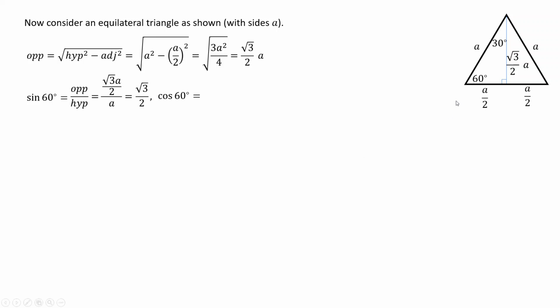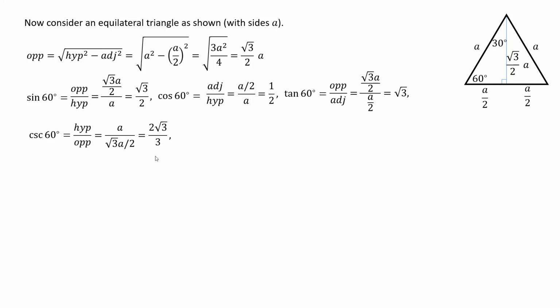Cosine of 60 is adjacent over hypotenuse, a over 2 over a, 1/2. Tangent of 60 is opposite over adjacent. The square root of 3 over 2 a, over a over 2, and that reduces to square root of 3. Cool. And cosecant is the reciprocal of sine: 2 over square root of 3, or multiply both the top and the bottom by square root of 3, we get 2 square root of 3 over 3.